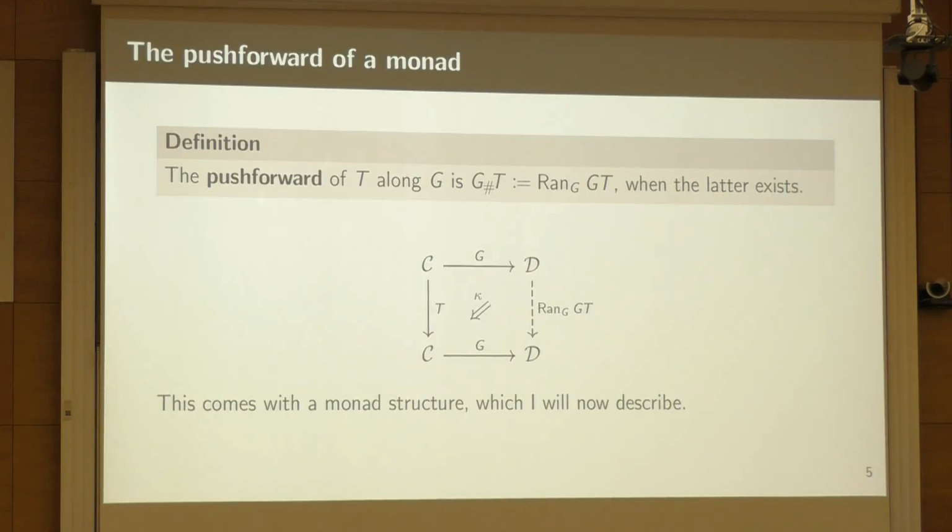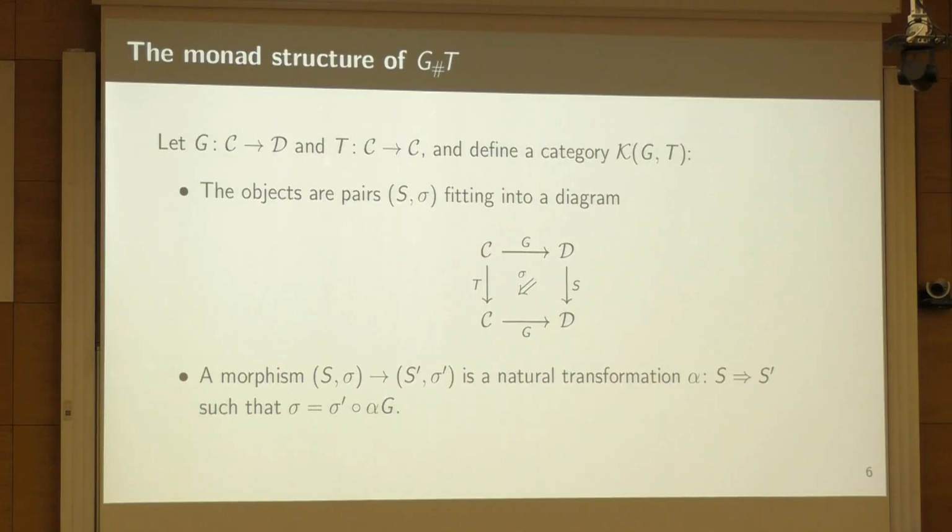So let me explain how this monad is going to come about. Here's the diagram for the Kan extension. I think the most beautiful way of seeing why this is a monad is by constructing an auxiliary category, which I'm going to call KGT, and it's really going to be a comma category, but let me say it explicitly.